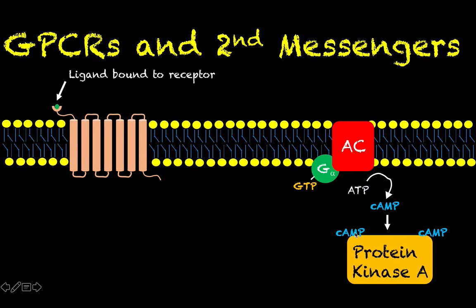So what cyclic AMP is really doing is cyclic AMP binds to binding sites on that regulatory protein, pulls the regulatory protein off of protein kinase A, and that allows protein kinase A to essentially be unshackled so that it can unleash its phosphorylation activity. Basically, you can kind of think of it like cyclic AMP takes a ball and chain off of protein kinase A and, like I said, unshackles it.